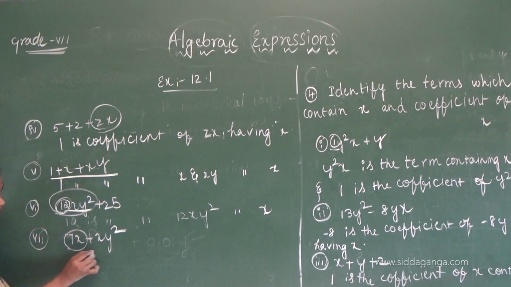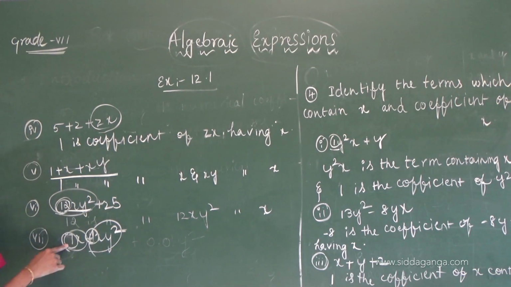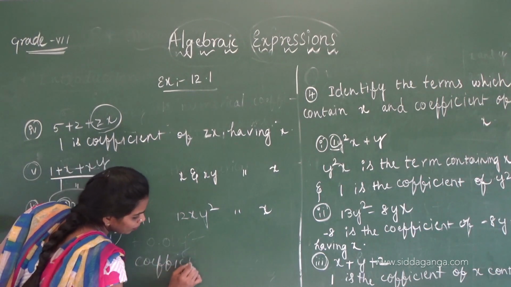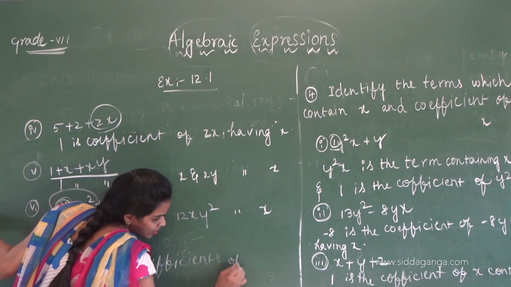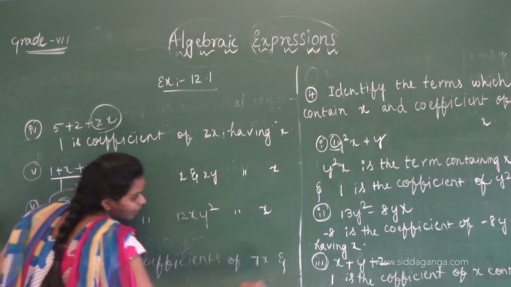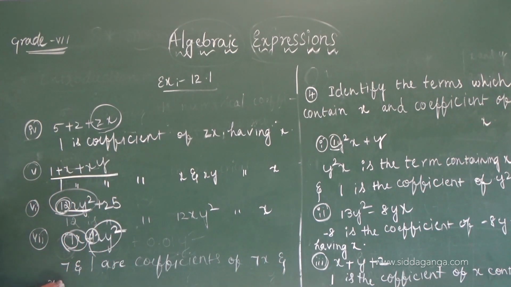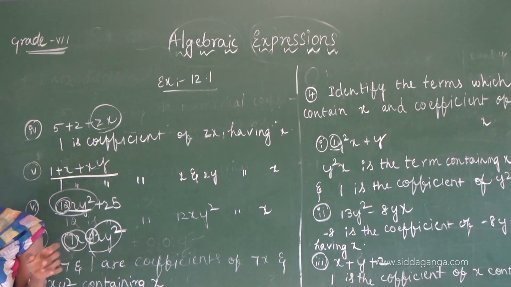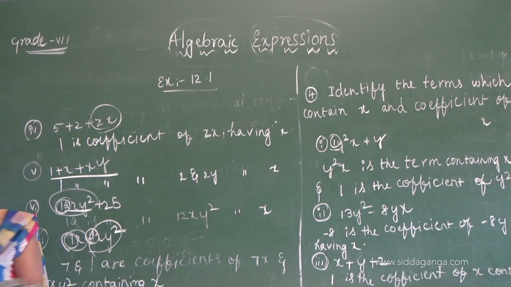And then here these 2 are having x, that's why 7 and 1, correct? Nothing is there, that's why here 7 and 1 are coefficients of 7x and xy square containing x, okay.